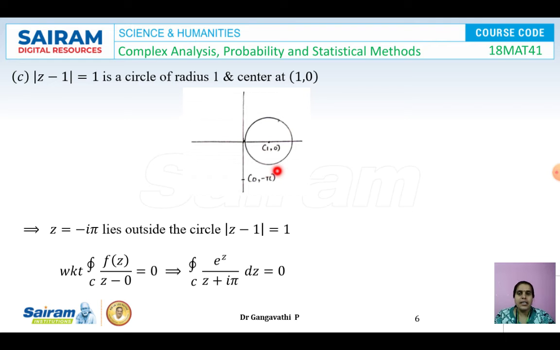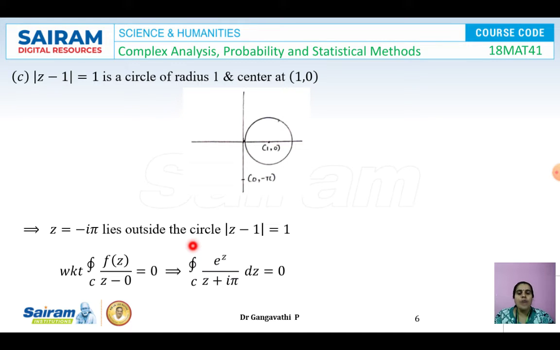Keeping this as a curve, and from the given problem z is equal to i pi, minus i pi. So does it lie inside or outside? If you compare only the real and imaginary parts, and when we draw it, y is negative, that is y is minus pi. So this is where the point comes, and that lies outside the curve.